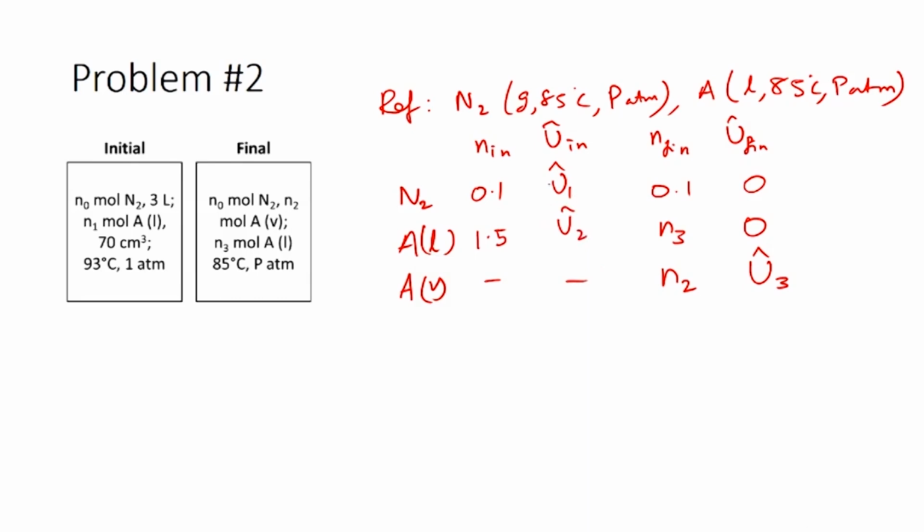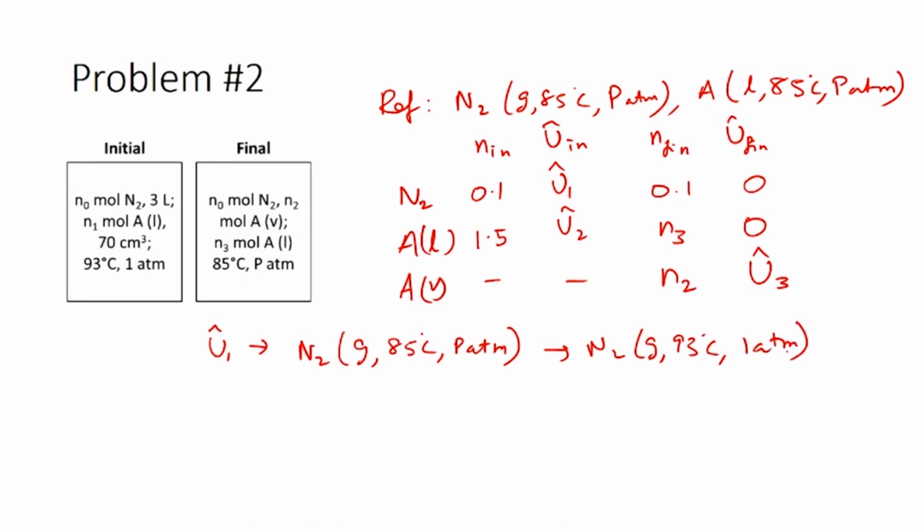So, U1 cap is basically the change in temperature for nitrogen gas from 93 degrees Celsius to 85 degrees Celsius. So, it is nitrogen gas at 85 degrees Celsius and P atmospheres going to nitrogen gas at 93 degrees Celsius and 1 atmosphere. So, assuming that pressure has no effect, you would end up with only change in temperature.